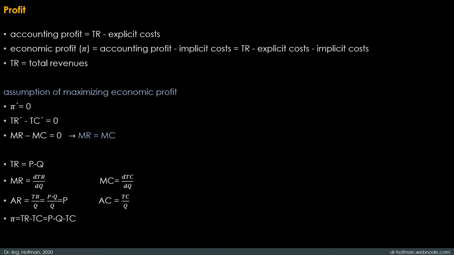And we can express it like this: the TR derivative is MR, marginal revenues, and the TC derivative is MC, marginal costs. If I subtract marginal costs from marginal revenues, it should be 0. I can also say that marginal revenues should be equal to marginal costs.